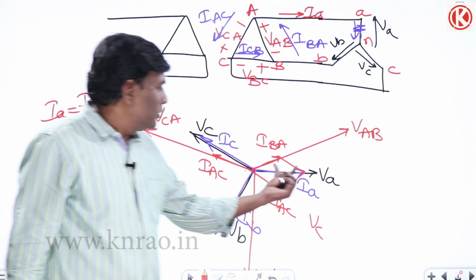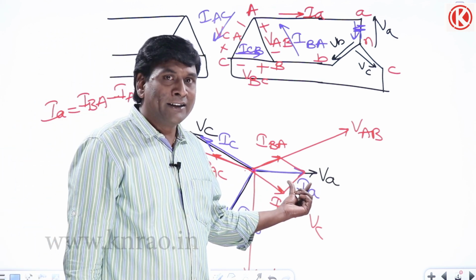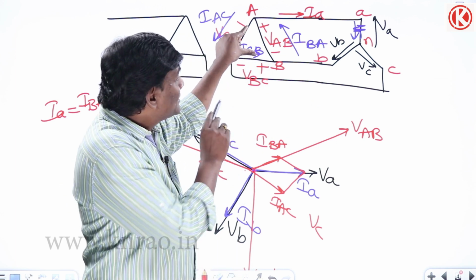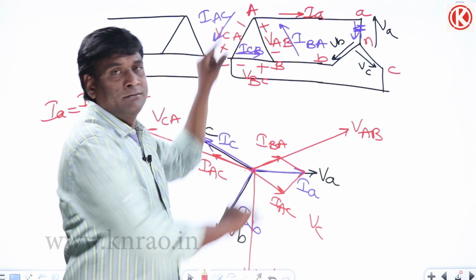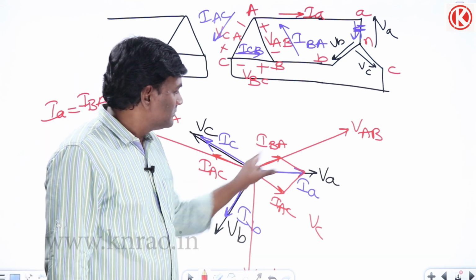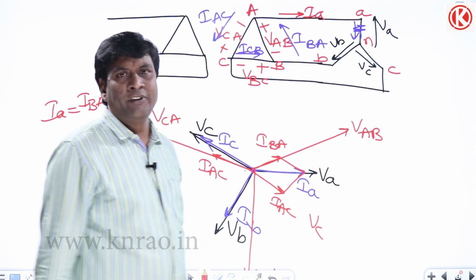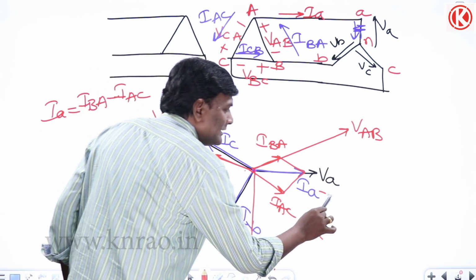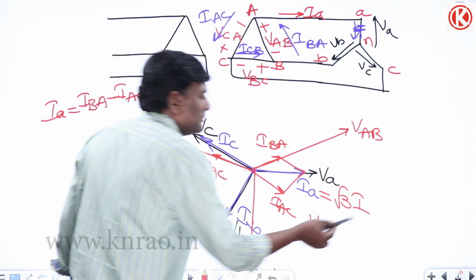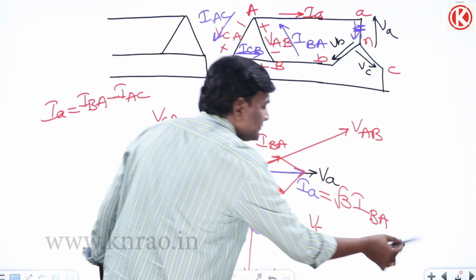Okay, if load is resistive in nature or operating at unity power factor, my transformer also, because this is the transformer, right? So the transformer inside current is in line with voltage, such that IBA, IAC is going to be root 3 times phase current. So this IA is going to be root 3 times the magnitude of IBA or IAC, or phase current.